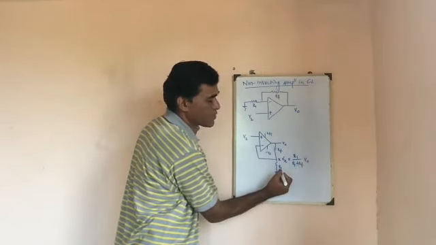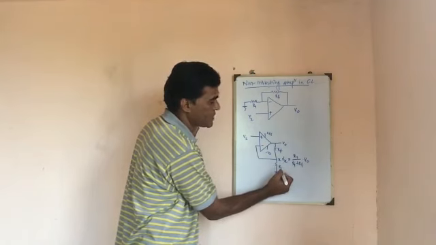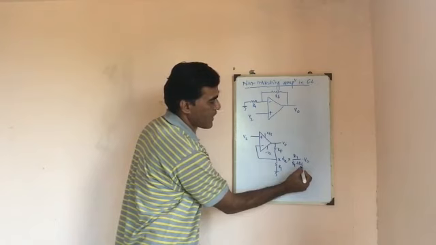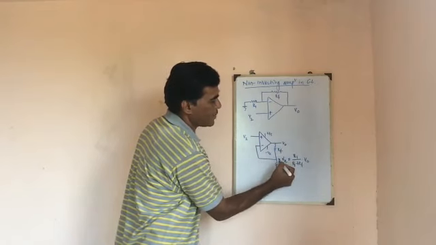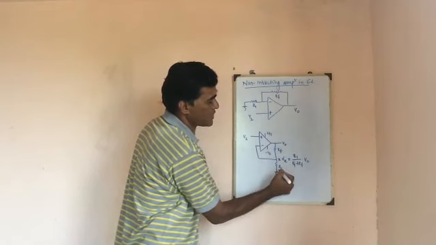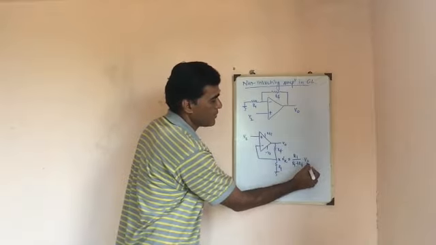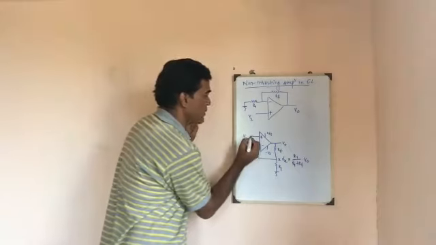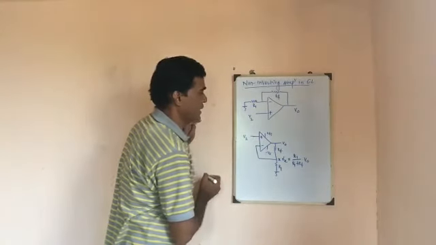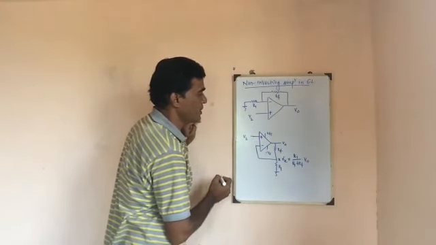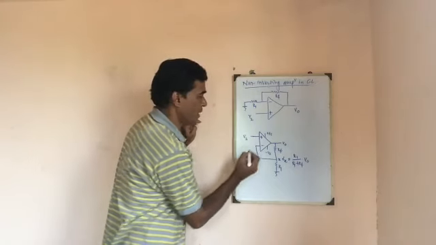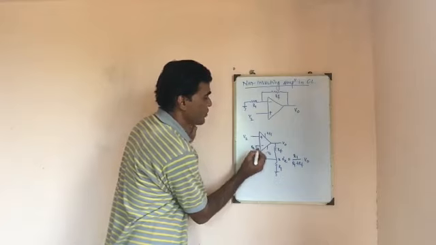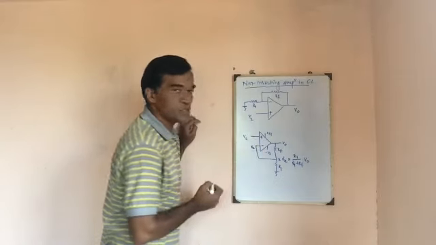So the voltage across R1, that is nothing but Vx, is R1 divided by the total resistance R1 plus Rf multiplied by the voltage which is the input to this voltage divider circuit, that is nothing but V0. Now by using the virtual ground concept, the voltage at the inverting terminal must be equal to the voltage at the non-inverting terminal. The voltage at the inverting terminal is Vx, and the voltage at the non-inverting terminal is V2.